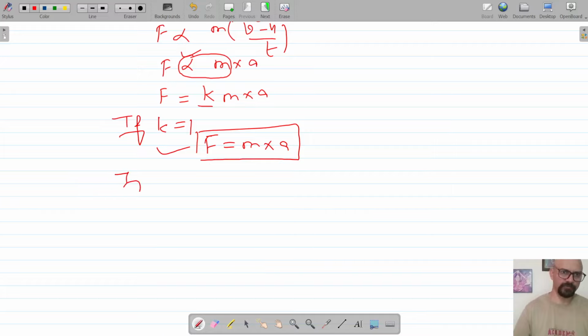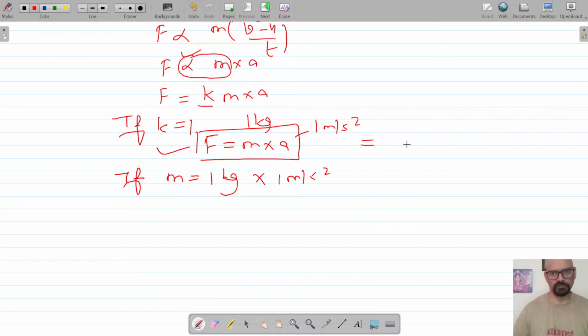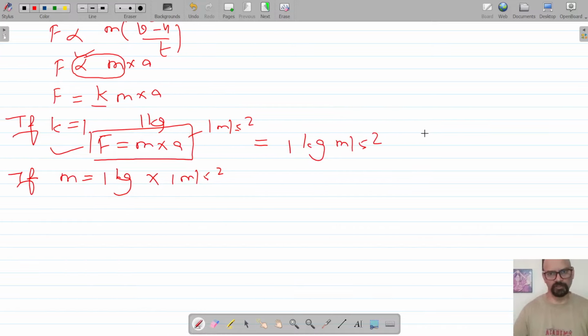Now, let's say mass is 1 kg, and acceleration is 1 meter per second square in SI units. So the force becomes 1 into 1 is 1, so 1 kg meter per second square, and we call it 1 Newton. So kg meter per second square is denoted by Newton.